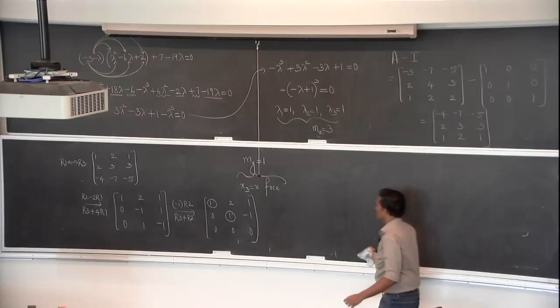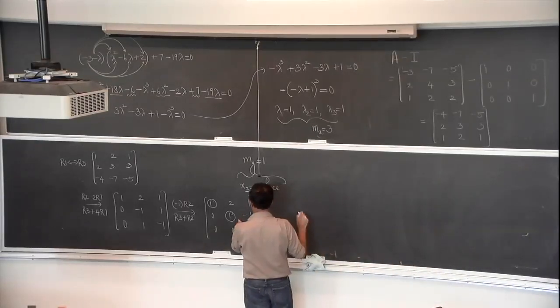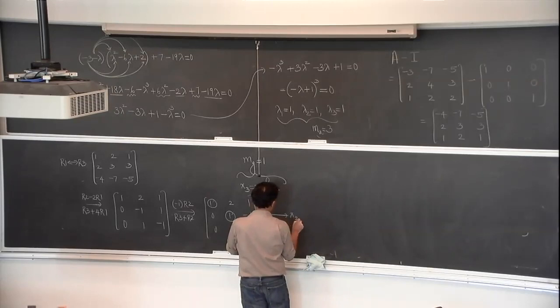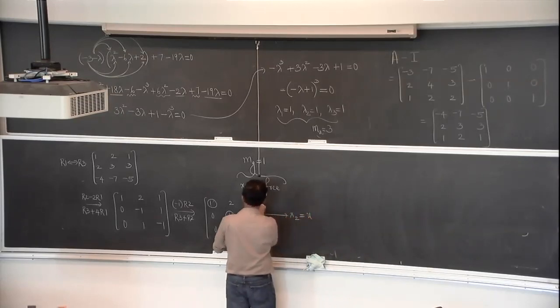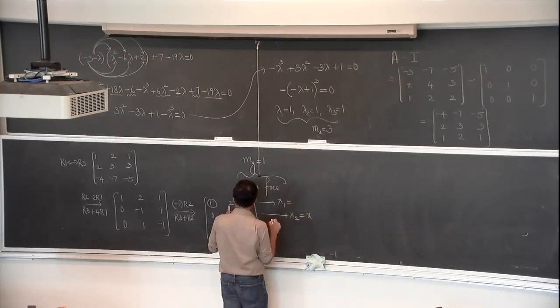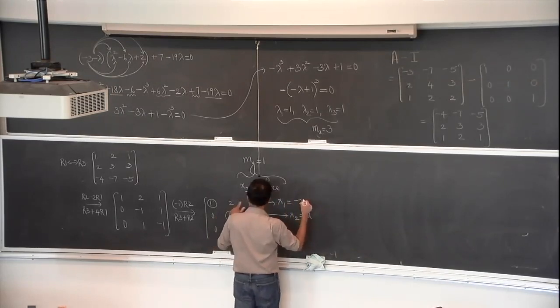All right, now let's finish it off. So x2 equal to x3 and x1 equal to -2 x2 minus x3.